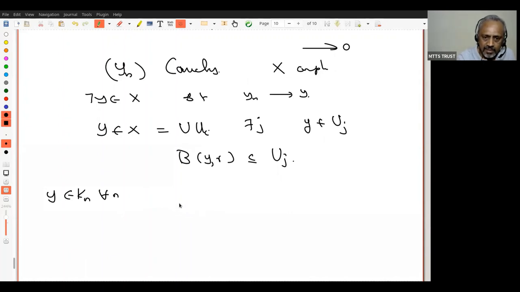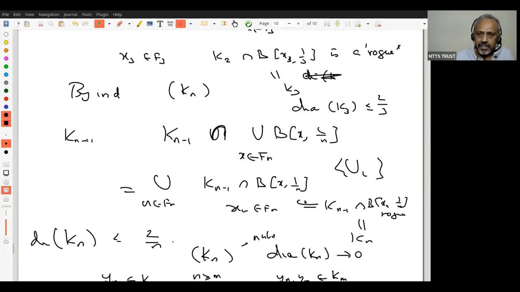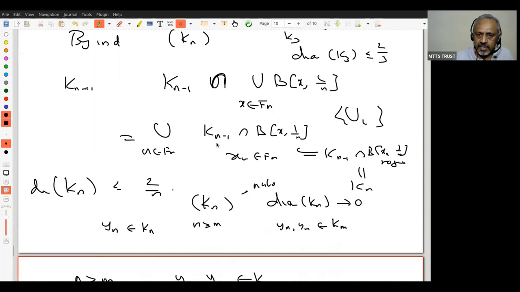That is because look at that y, let me say yr, r greater than or equal to n. This is a sequence in where? In Kn. And what do I know about Kn? Kn are closed. Go back to the way we did. What did we take? K(n-1) intersection closed ball B(xn). Both are closed sets.